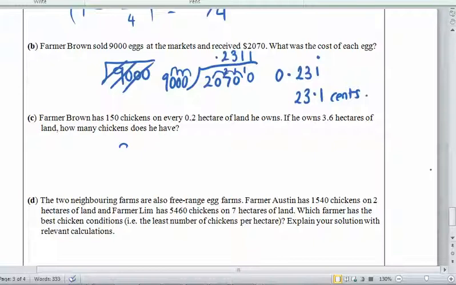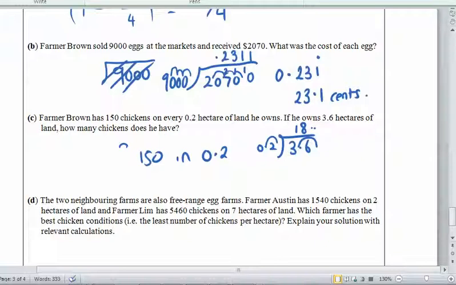Farmer Brown has 150 chickens on every 0.2 hectare. If he owns 3.6 hectares, so if he has 150 in 0.2, 3.6 divided by 0.2. Well, let's take this 0.1 up, which means we do the same to this. 2 into 36 goes, well, it's just easy, isn't it? It's 18.